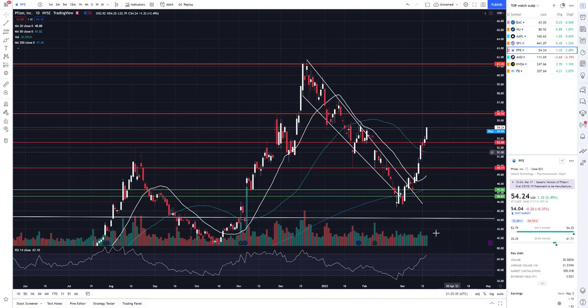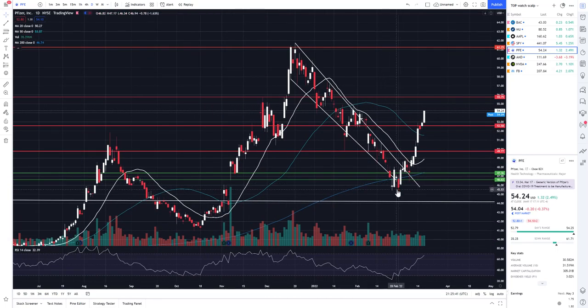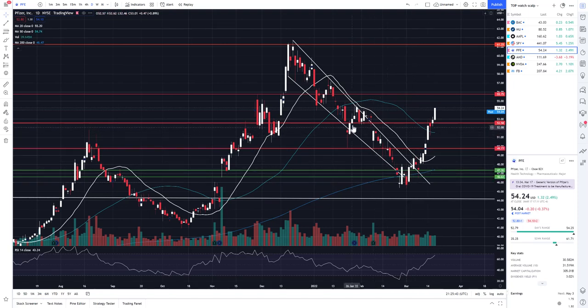If you look at Pfizer, for example, it's a very clean stock to trade because it has a lot of clearly defined candles. When I look for scalps, I look for small candles like dojis and hammers.